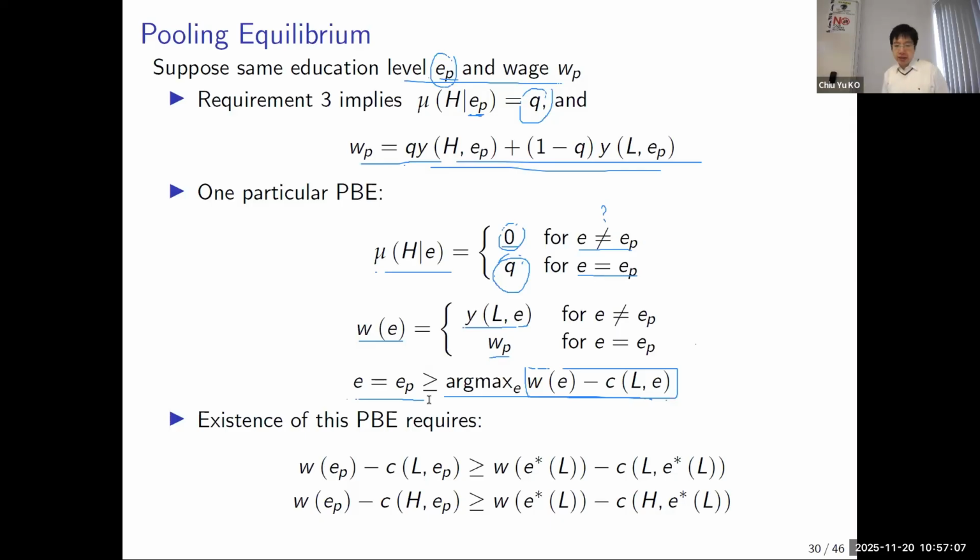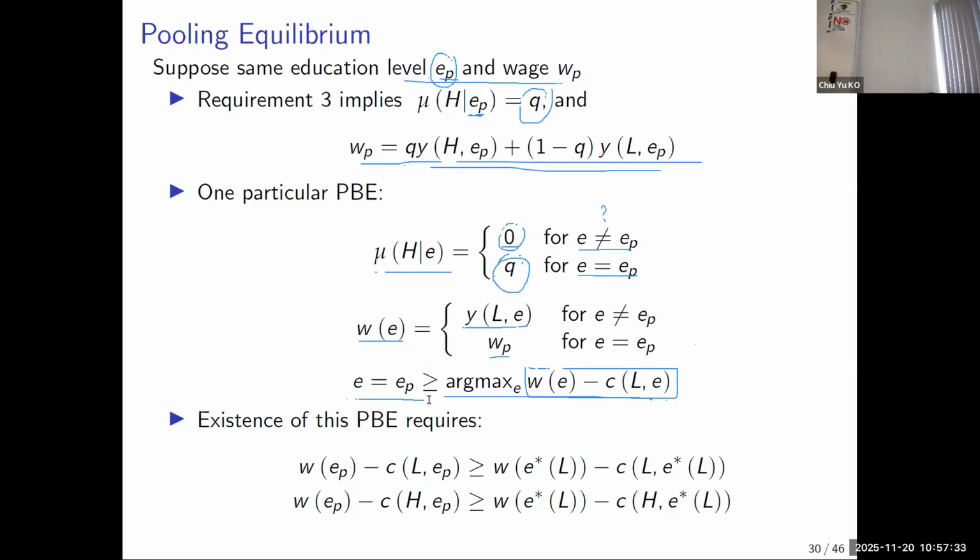So how do we make sure this exists? This is very similar to what you learn in contract theory. This is called incentive compatibility. It means the low type doesn't want to do other things, and the high type doesn't want to do other things as well. The first one is incentive compatibility for the low type: the low type follows the equilibrium.